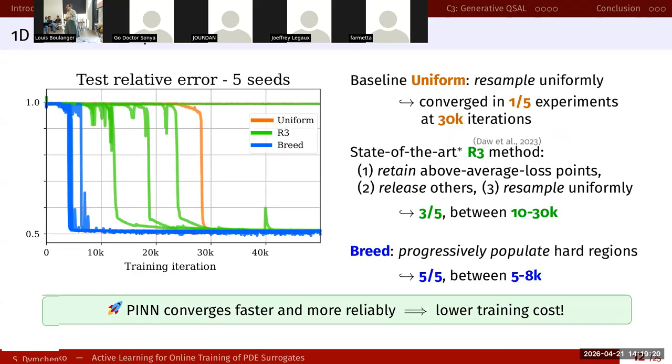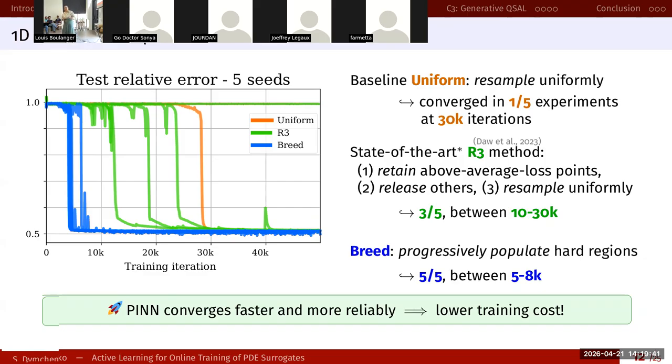We benchmarked BREED for this case as well. On the left, you can see the test relative error progression over time of training. And we compare BREED to the uniform baseline, where you just resample uniformly the collocation points, and to the at-the-time state-of-the-art R3 method.